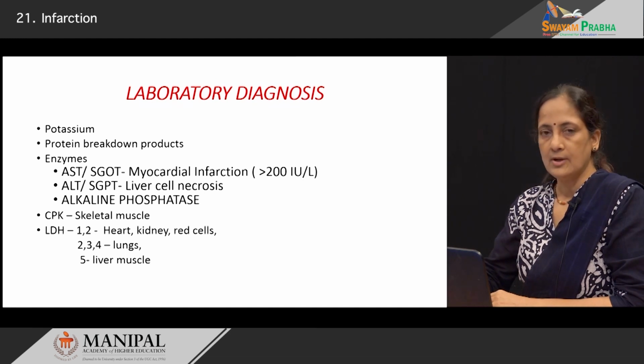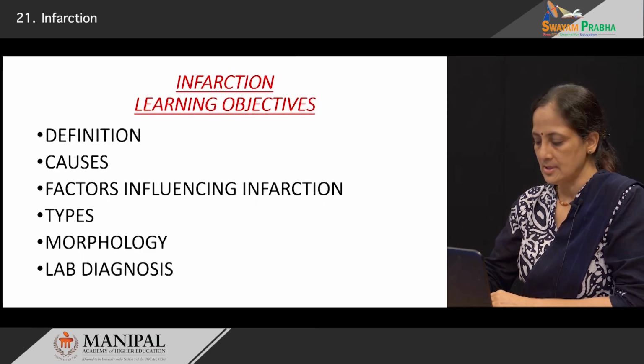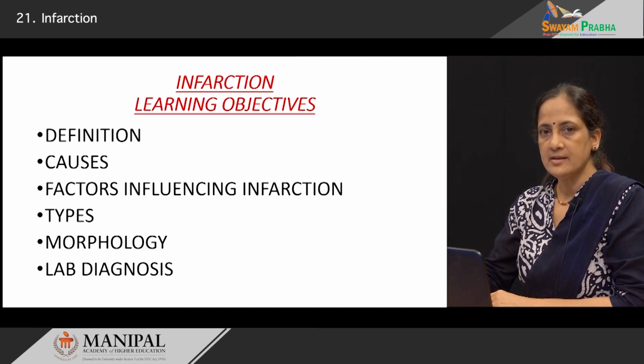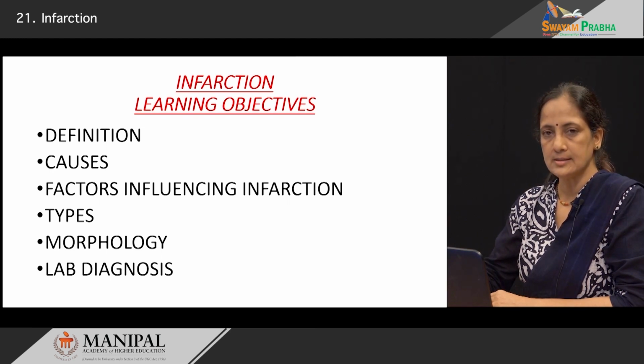We have now gone through the definition of infarction, which means an area of ischemic necrosis resulting from hypoxia. We have seen the various causes, which we divided into arterial, venous and microcirculation causes. We saw the factors of the normal circulation which can influence the development of infarction.